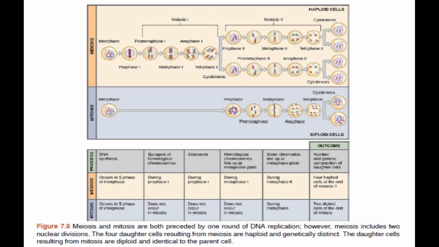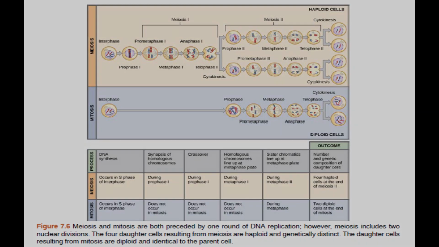Meiosis and mitosis are both preceded by one round of DNA replication. However, meiosis includes two nuclear divisions. The 4 daughter cells resulting from meiosis are haploid and genetically distinct. The daughter cells resulting from mitosis are diploid and identical to the parent cell.